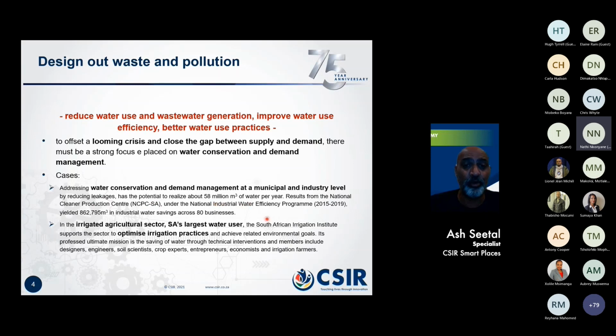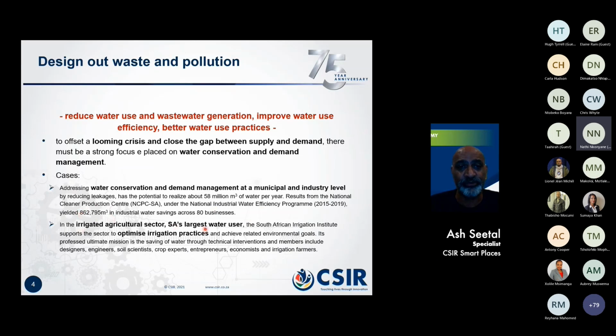More recently, results from the National Cleaner Production, the National Industrial Water Efficiency Program between 2015 and 2019 yielded close on 900,000 cubic meters of industrial water savings across 80 businesses. Now imagine if we extended this to 200 businesses or 500 businesses, we could really scale it up to quite a substantial water saving.